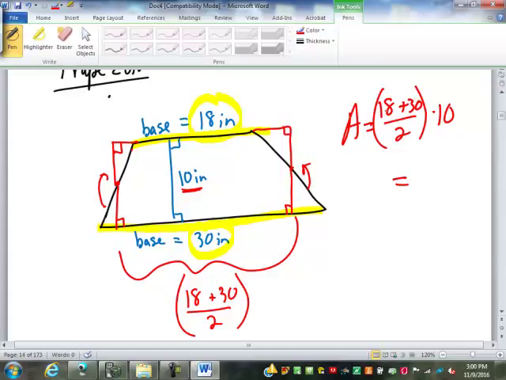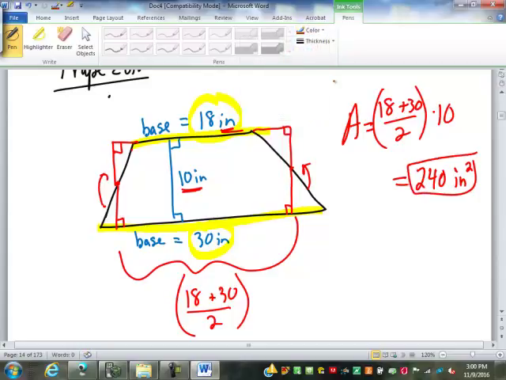You do 18 plus 30, make sure you hit equals before you divide by 2. 18 plus 30, then divided by 2 should give you 24. If it gives you 33, that means you didn't hit equals before you divided by 2. So 18 plus 30 divided by 2 is 24. Times 10 is 240. And these are in inches, so this area will be in square inches.